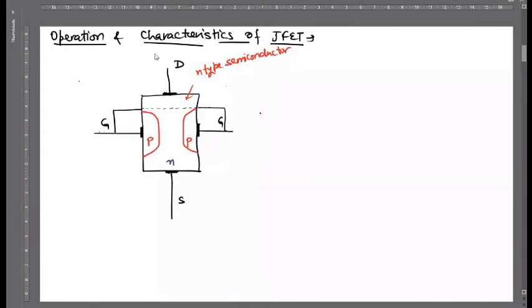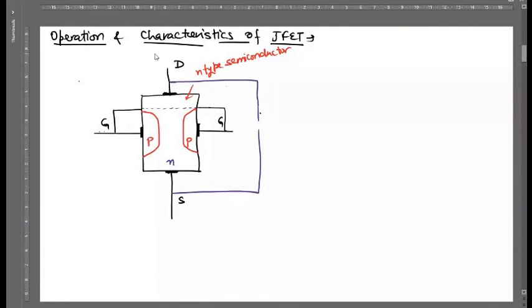So if I perform the operation of this JFET, first of all, before applying any bias, you just try to think about this structure. What is the purpose of making this source? Source behaves as the emitter and it provides the charge carriers.